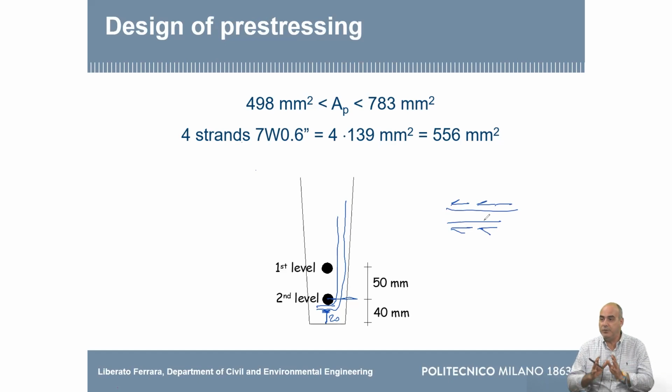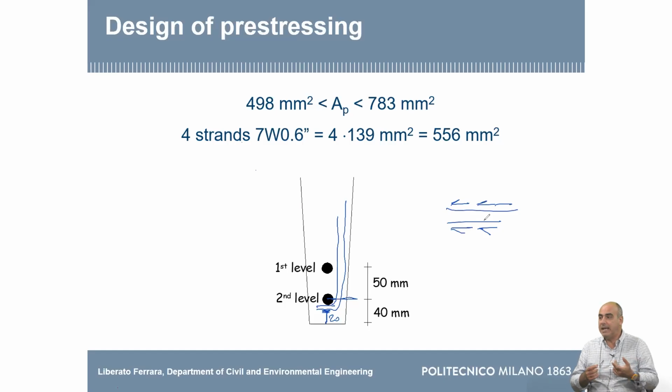But when they diffuse to concrete, they open like an umbrella. So there is a cone, a diffusion cone of the stresses. So you want to separate the tendons like the rebars, because you don't want this cone of stress diffusion states to overlap too much. Because if you overlap these stress states, you might have locally very high stresses.